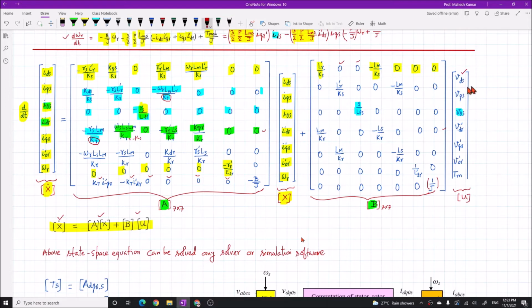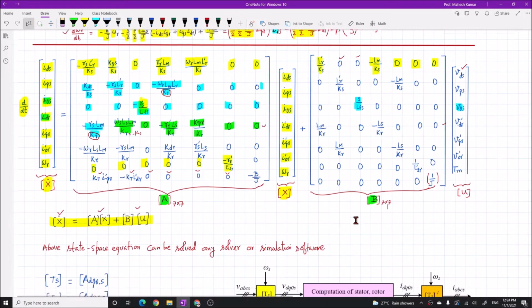And this is the U matrix, the input matrix, and this is the state variable matrix X. This is X dot. Now we can solve this equation by using any solver or any simulation software. Once you know the dynamics of the system and it has been arranged in the form of first order differential equations, which forms the state space model, that can be used to solve the dynamics of the DFIG.